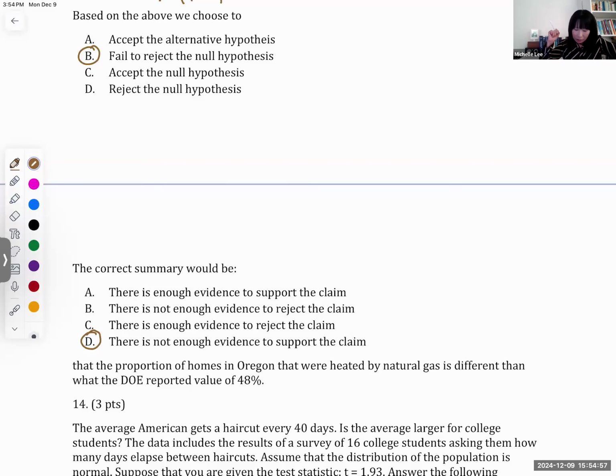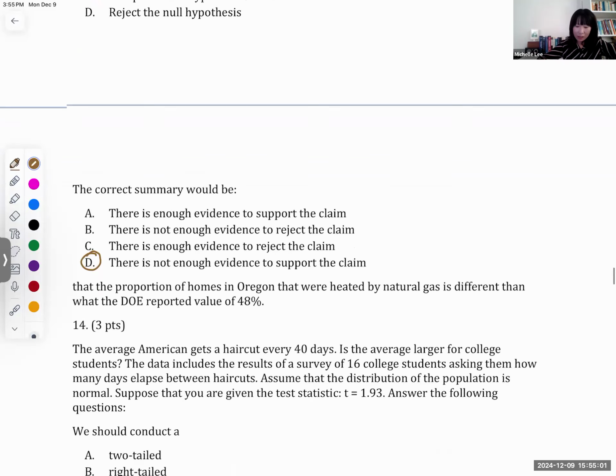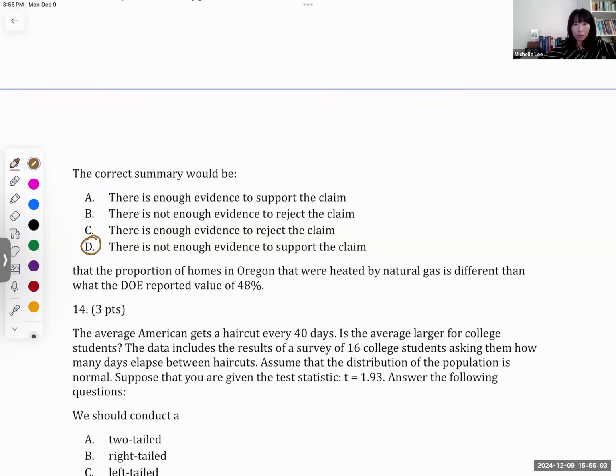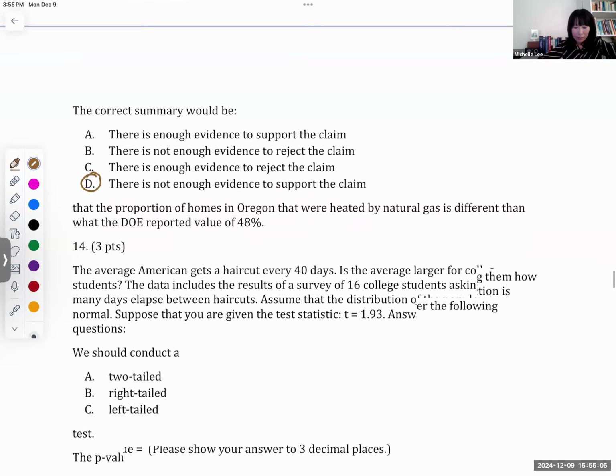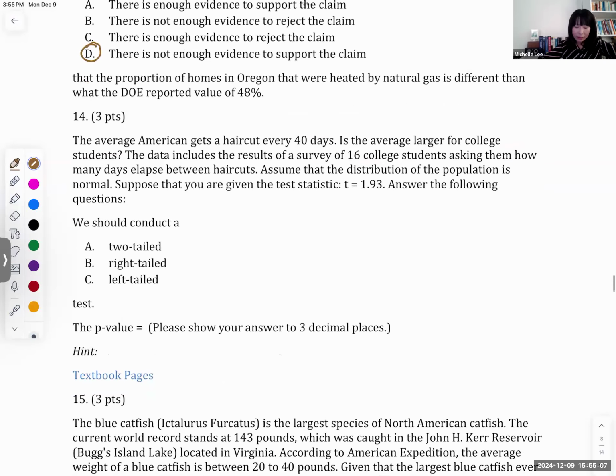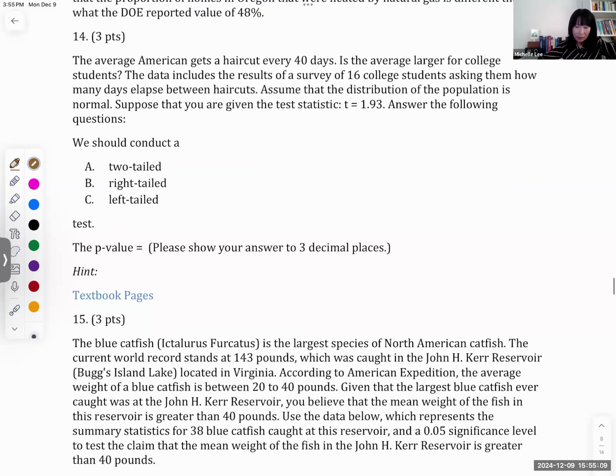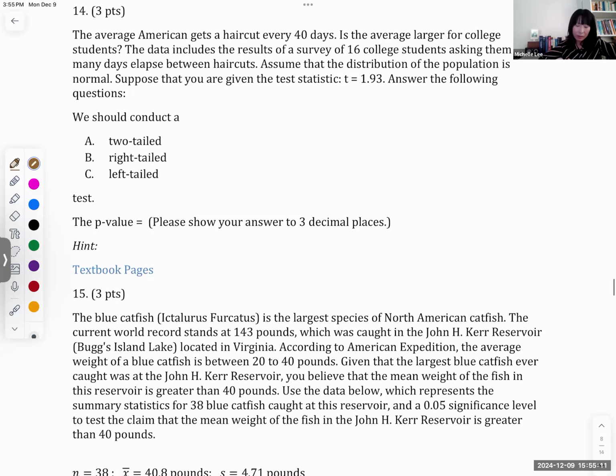Okay, now number 14. D is dog, right? Okay, number 14. Please read.